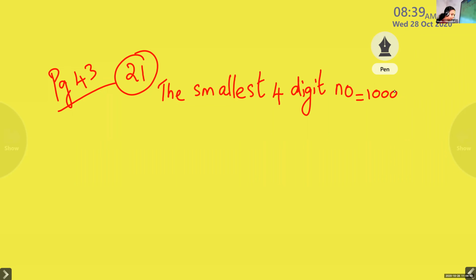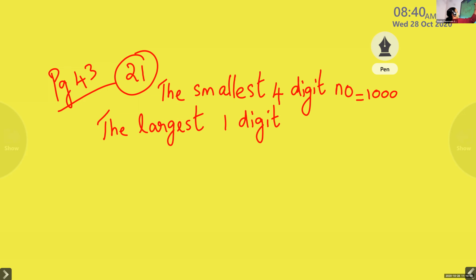Now we have to multiply this number with the largest one-digit number. So which is the largest one-digit number? That is 9. Please mute yourself. The largest one-digit number is equal to 9.